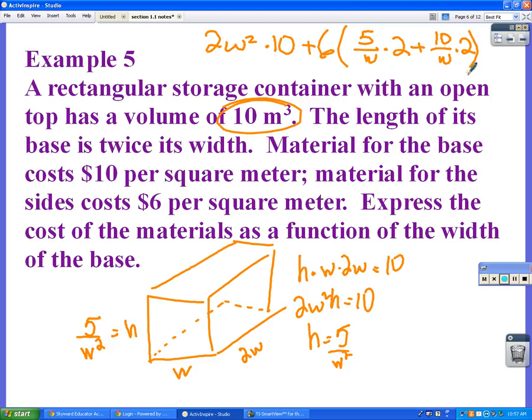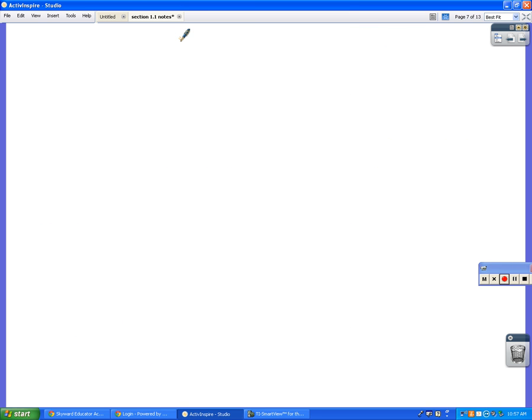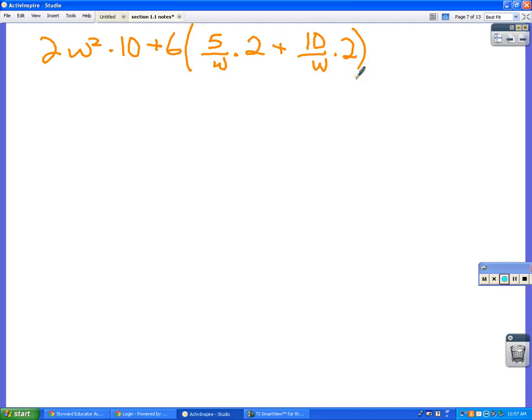Express the cost of the materials as a function of the width of the base. Are we done? Heck no. So we had 2W squared times 10 plus 6 times 5 over W times 2 plus 10 over W times 2. Is that right?